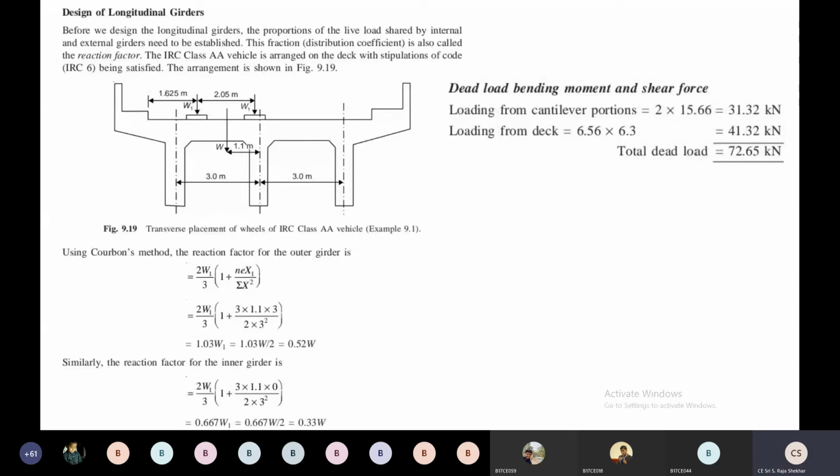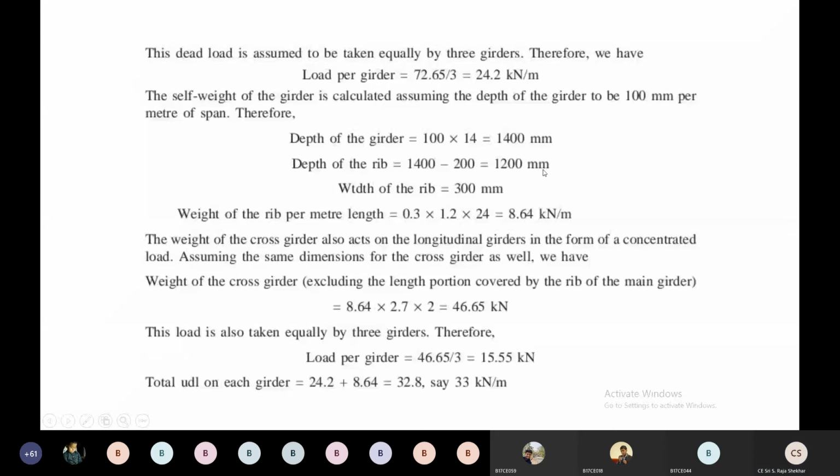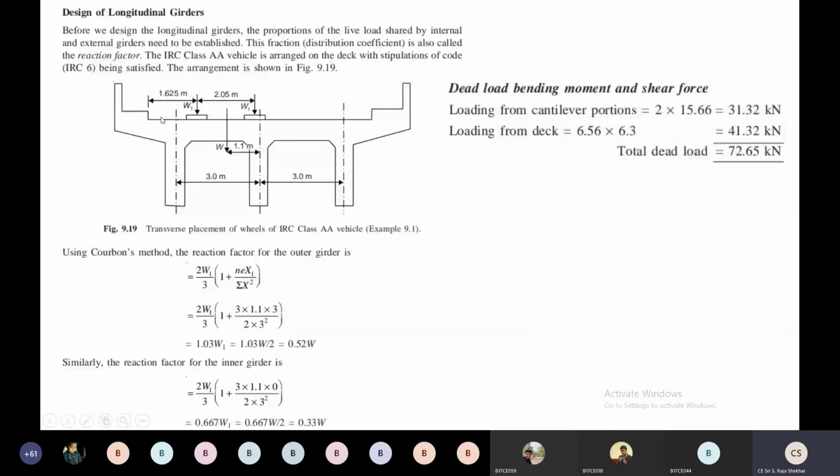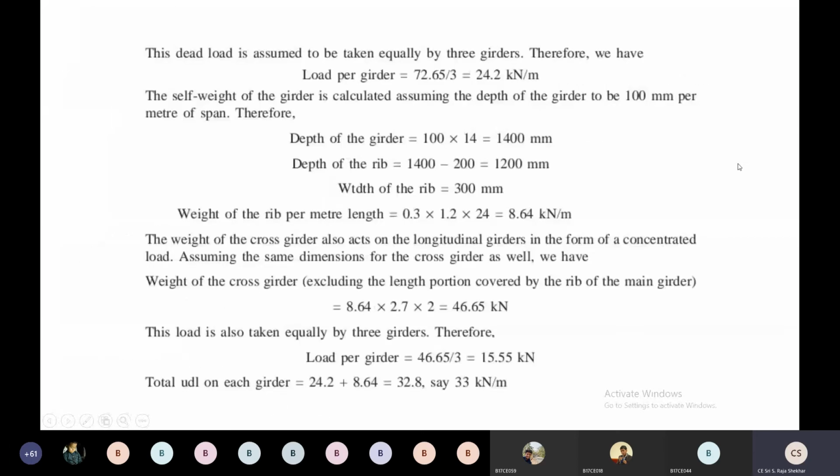So this is the dead load we calculated. The dead load coming from the cantilever portion and the dead load coming from the interior panel we have calculated, and the total dead load is 72.65 kilonewtons. This total dead load is taken by 3 girders.